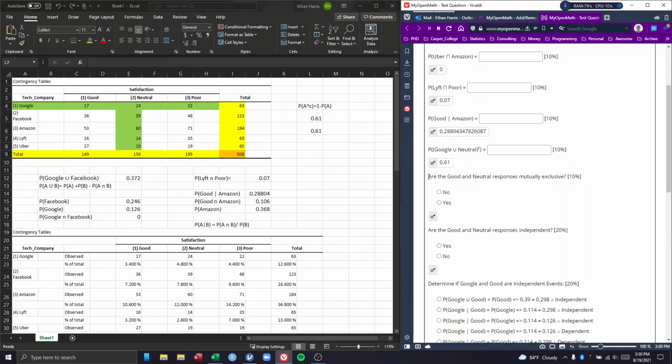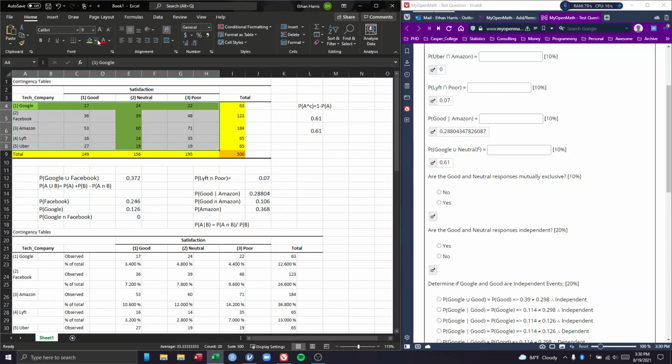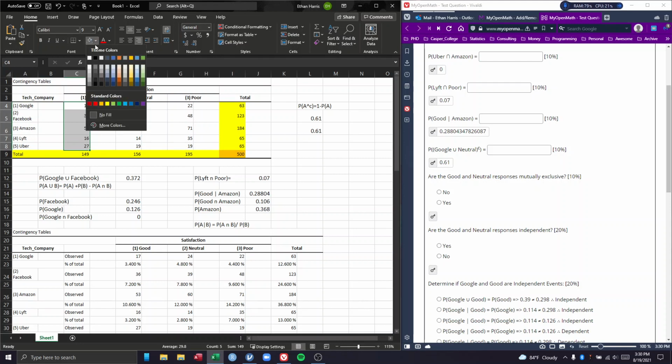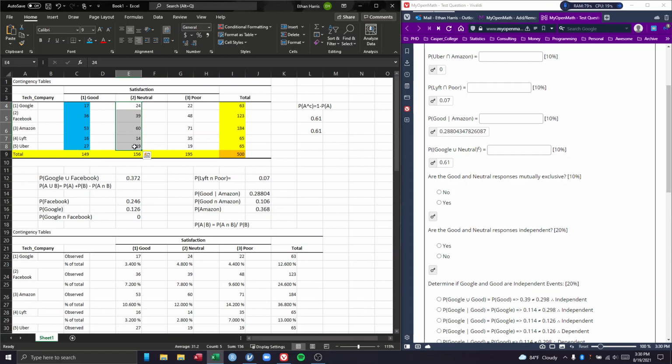Okay, so next, are the good and neutral responses mutually exclusive? Let's go ahead and do a little bit of highlighting again. So let's look at good. Well, let's do blue. We'll make neutral tan, whatever. So are they mutually exclusive? Remember, mutually exclusive just means, do they have an intersection?